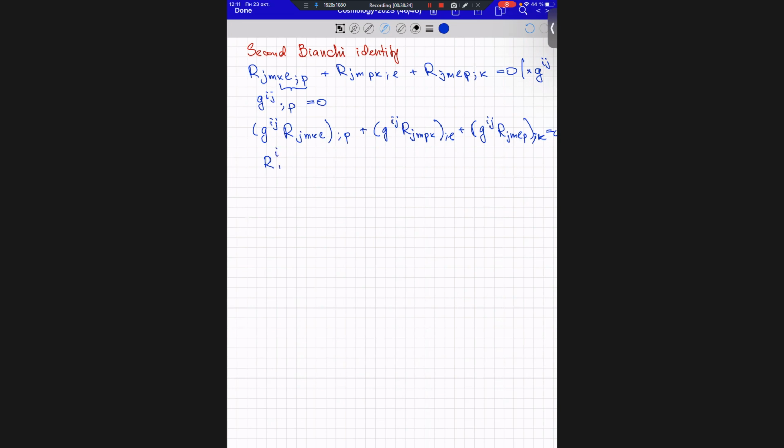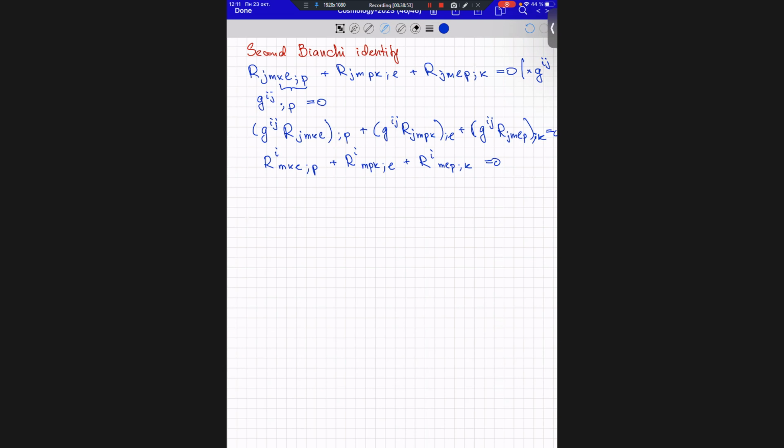So R^I_{MKL} covariant P, plus R^I_{MPK} covariant L, plus R^I_{MLP} covariant K equals 0.